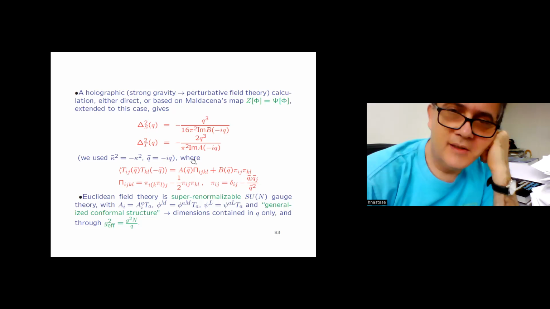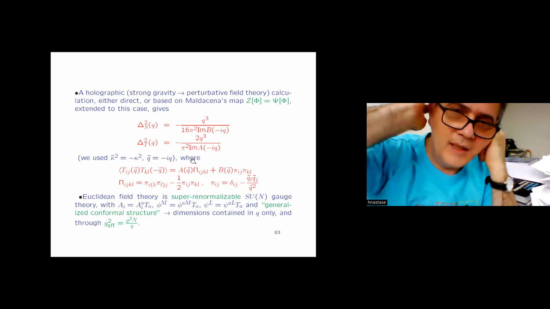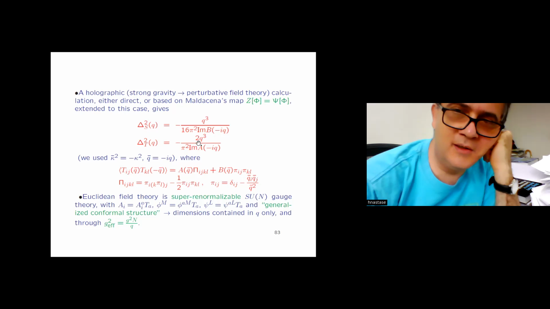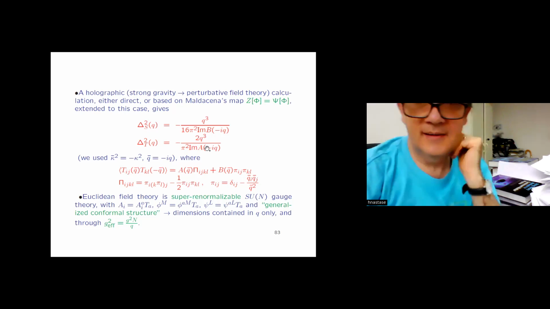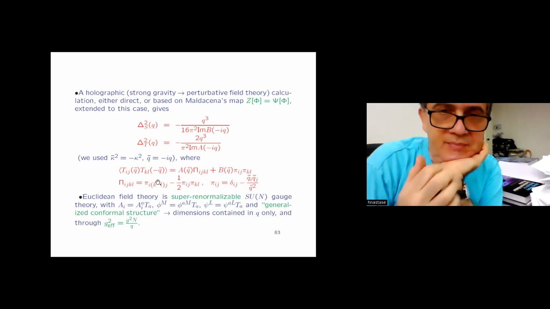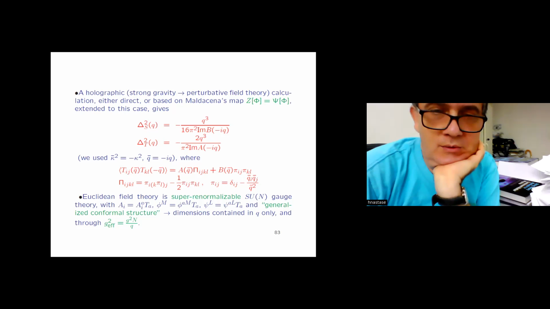So, okay, we found what the scalar and tensor structures seen in the CMBR should be as a function of these A's and B's in the two-point function of energy momentum tensors. So how do you calculate that?